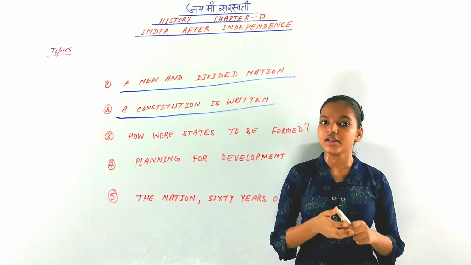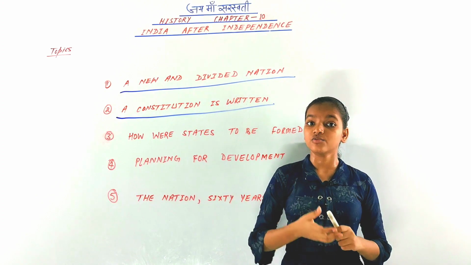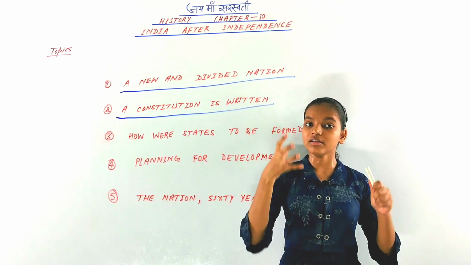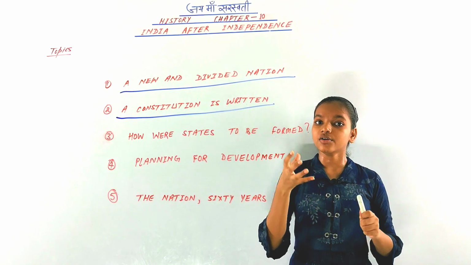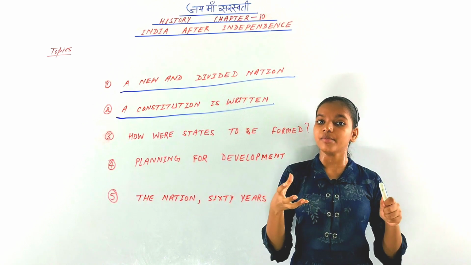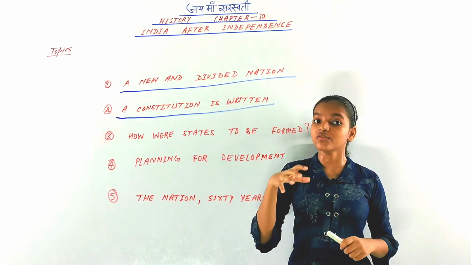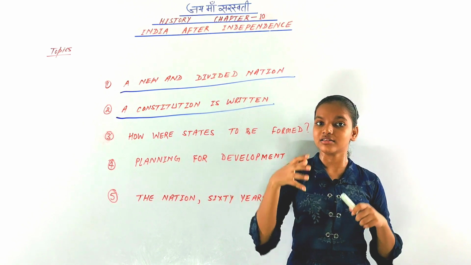Many people were giving their suggestion to the Prime Minister and the government of India that in India there would be only Hindus, because it was a country of Hindus. We have to make it a Hindu state. That was their suggestion. But the Prime Minister was not satisfied with this.